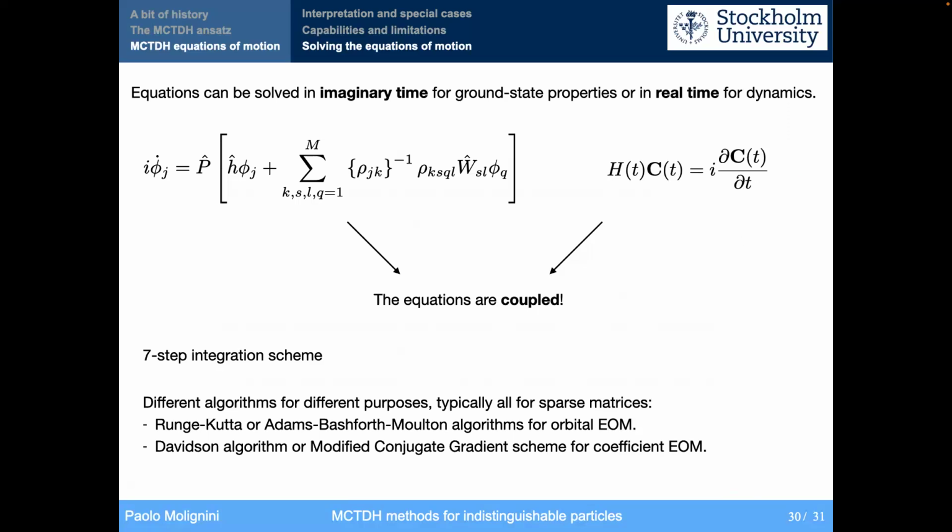The orbital equations of motion are usually solved with the Runge-Kutta integrator. It's fairly straightforward. The coefficient equations of motion instead are typically sparse, so we use sparse optimized methods like the Davidson algorithm or the MCS scheme.